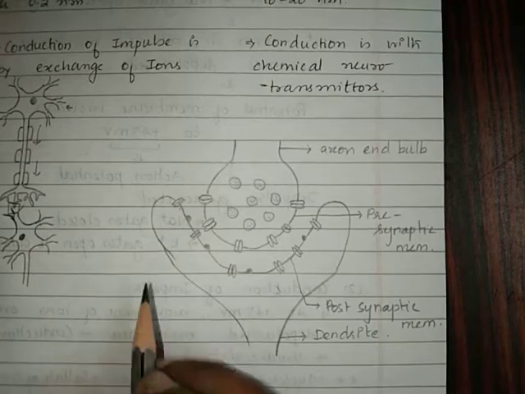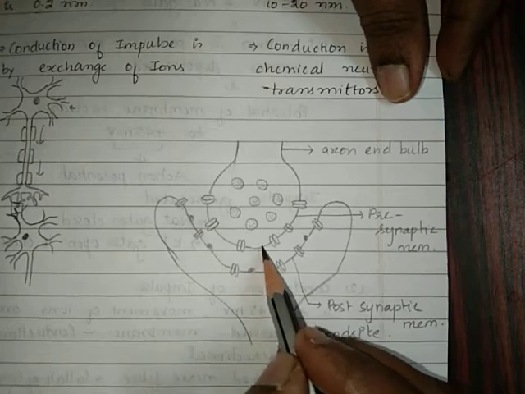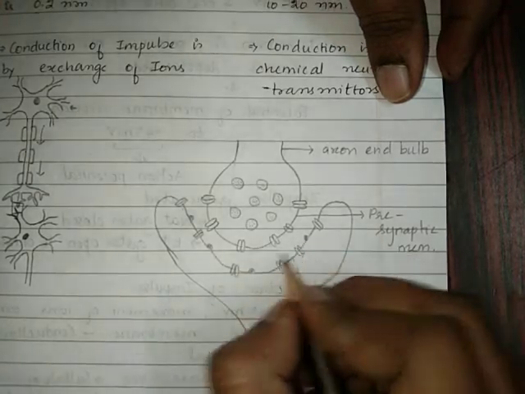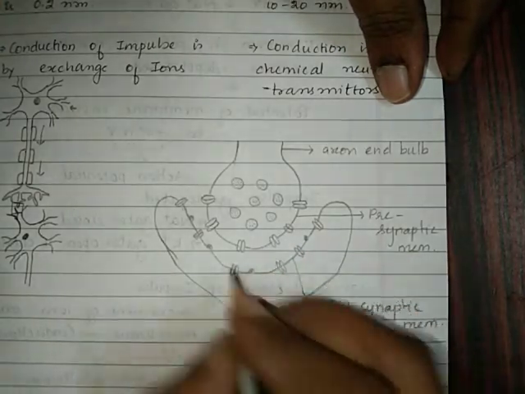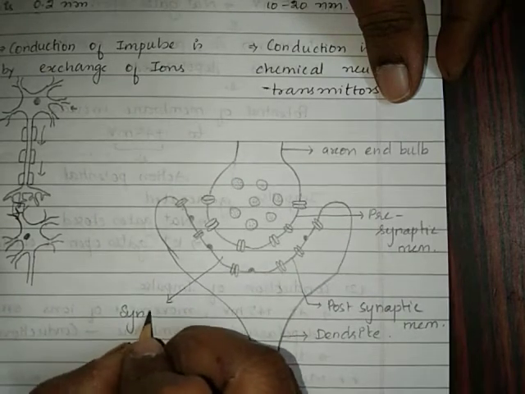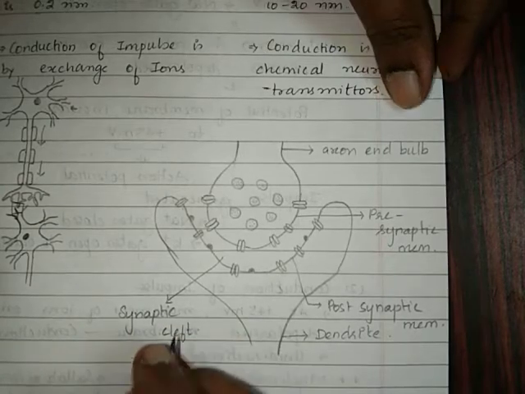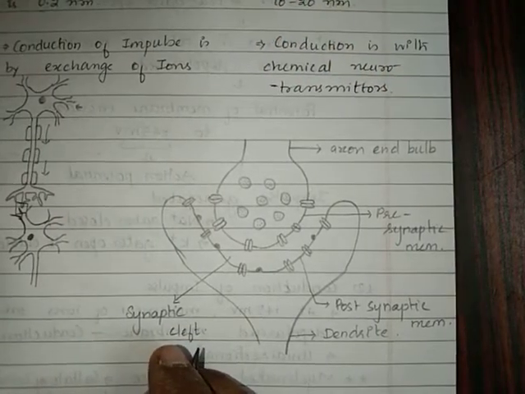Now when these two make contact like this, there is a space formed between the two neurons. This space is called the synaptic cleft.